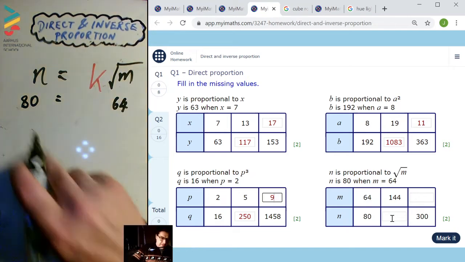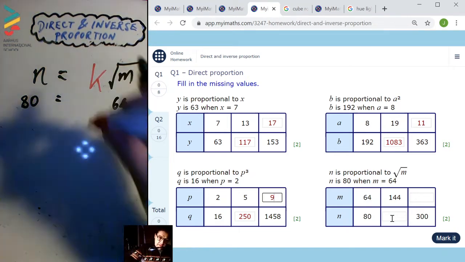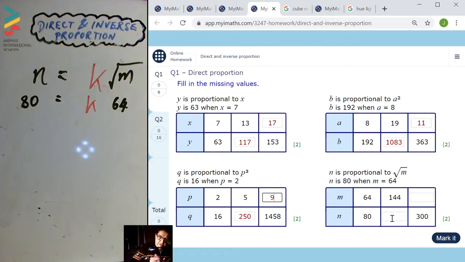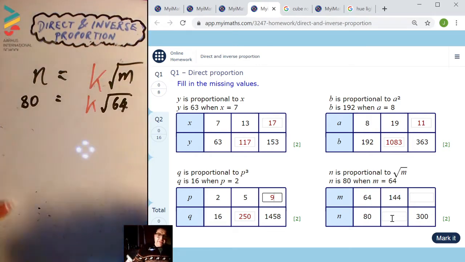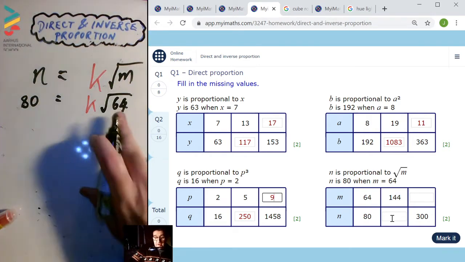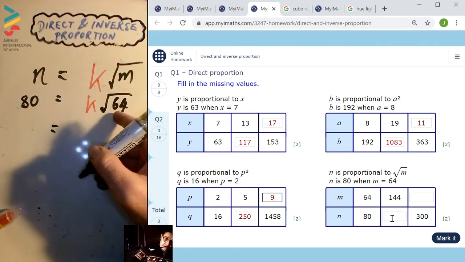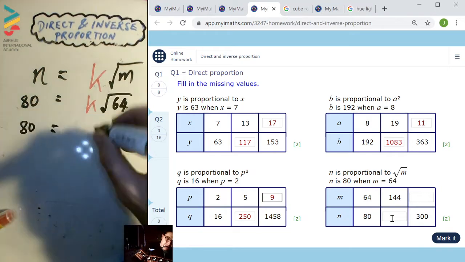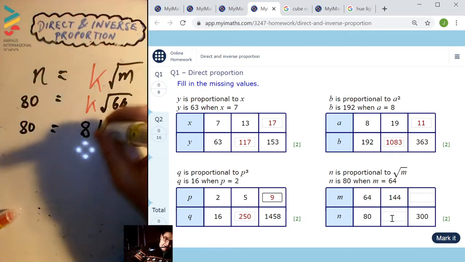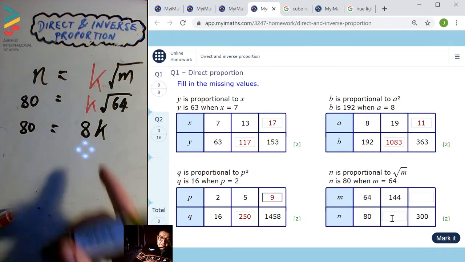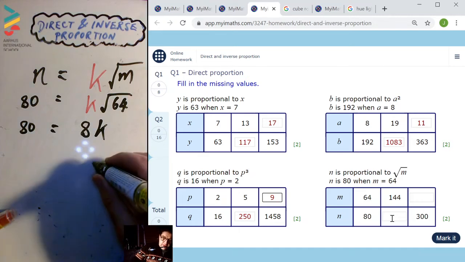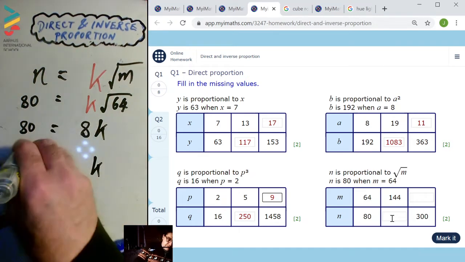So 80 is equal to k, that we've got to figure out, times the square root of 64. Well, that's looking very promising, because the square root of 64 is a nice round 8. So 80 is equal to 8 times k. And dividing everything by 8, k has got to be 10.